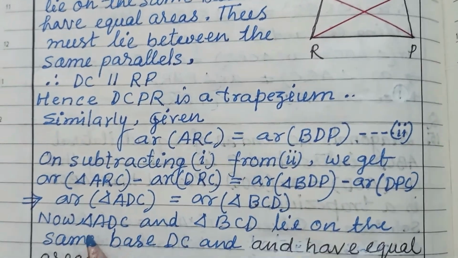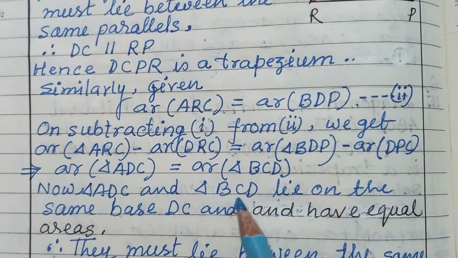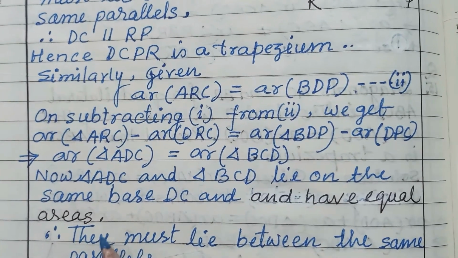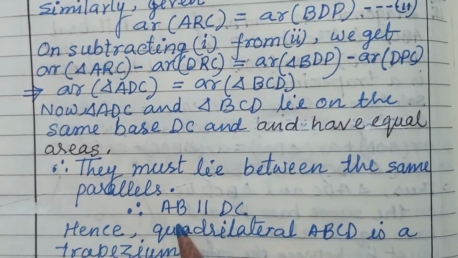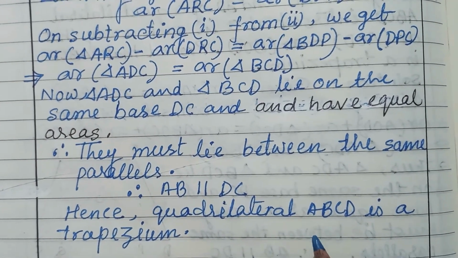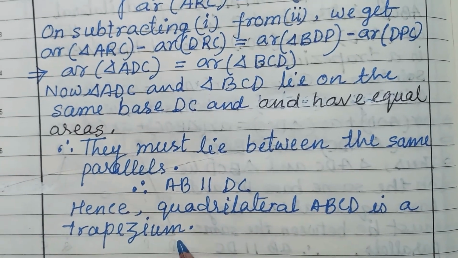So now area of triangle ADC and BCD lie on the same base DC and have equal areas. So they must lie between the same parallels. Therefore AB is parallel to DC. Hence quadrilateral ABCD is a trapezium.